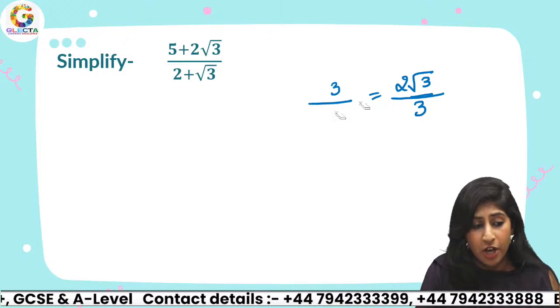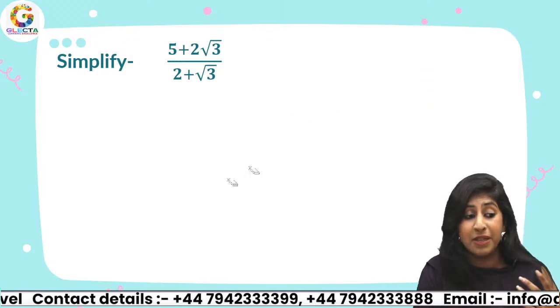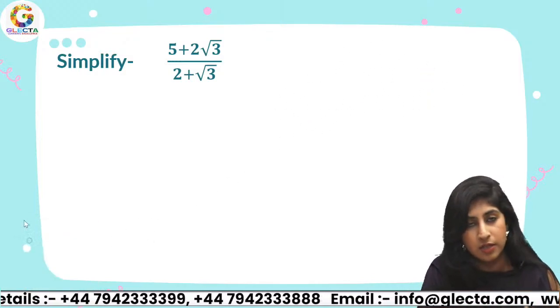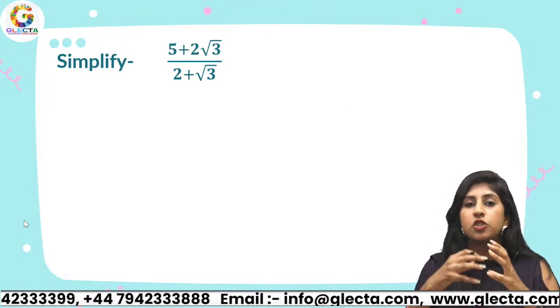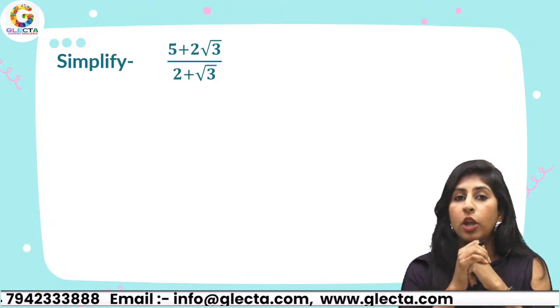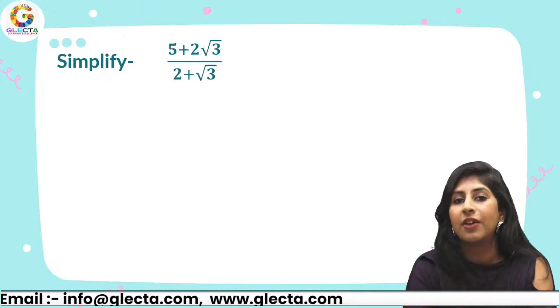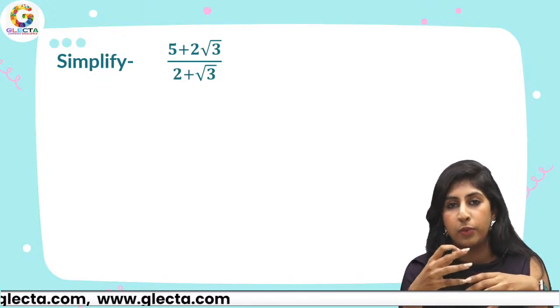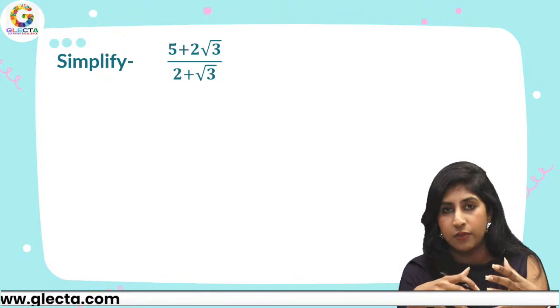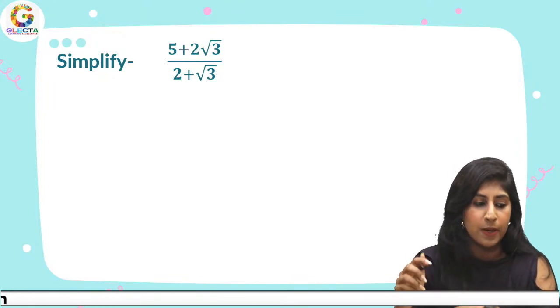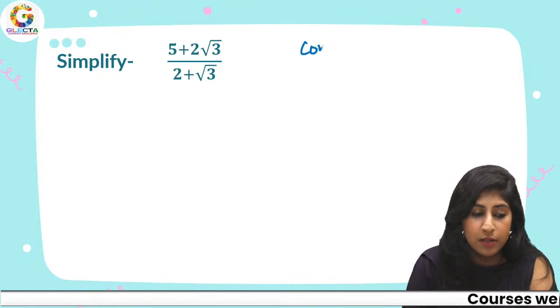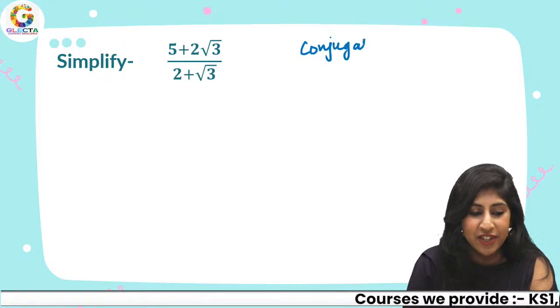Now how do we rationalize if I have something being added or something being subtracted? In that case, you just change the sign. We call it conjugate in higher level of mathematics, although we use these kind of terms in university levels. We don't use them in school levels basically. But I'm telling you a cool word if you want to learn it. It's conjugate.